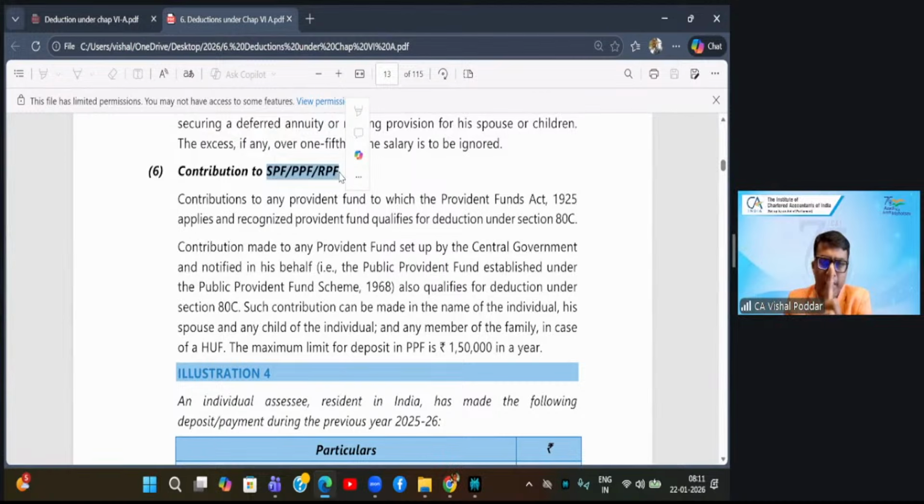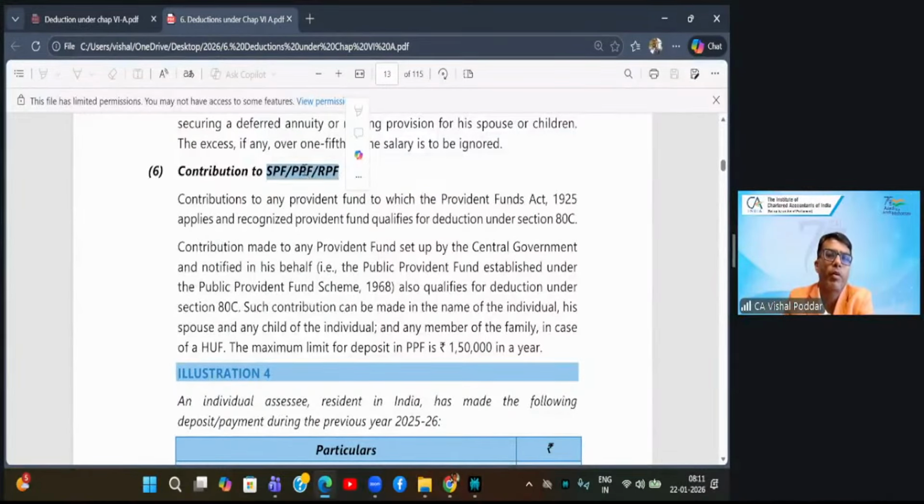But if the provident fund is SPF, that is statutory provident fund for government employees, or it is RPF, which is for private employees, whatever you pay out of your salary, which the employer deducts while paying you the salary, which we call the employee's contribution, that is what is allowed over here as deduction.